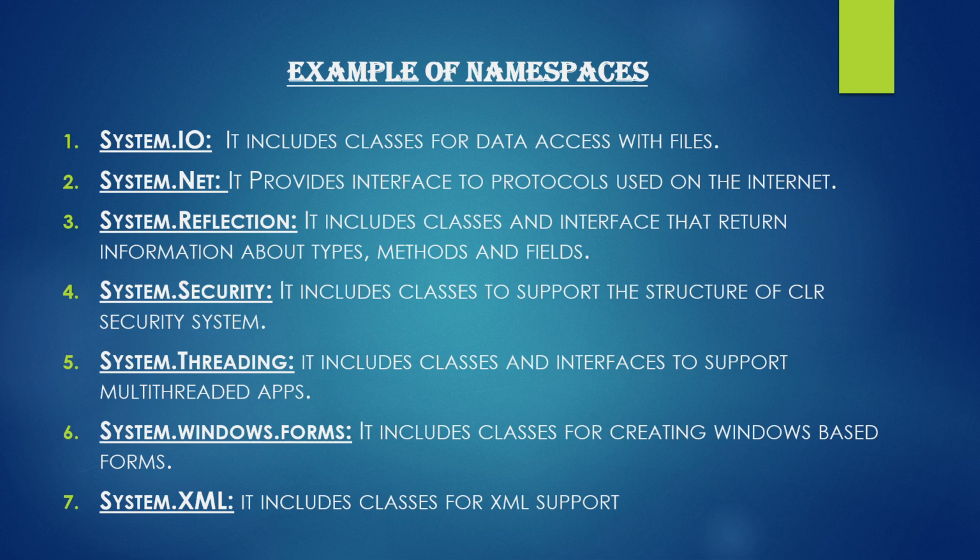And System.Threading includes classes and interfaces to support multi-threaded apps. Then System.Windows.Forms includes classes for creating Windows based forms. And System.Xml, we use this one for adding some XML related methods.